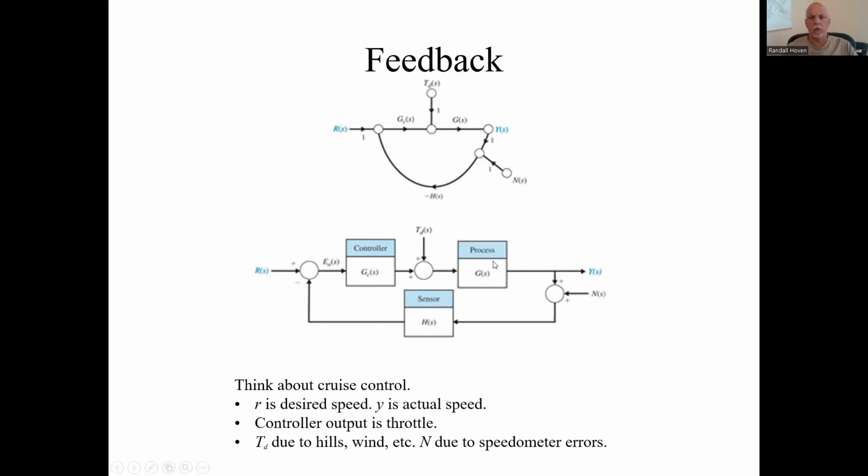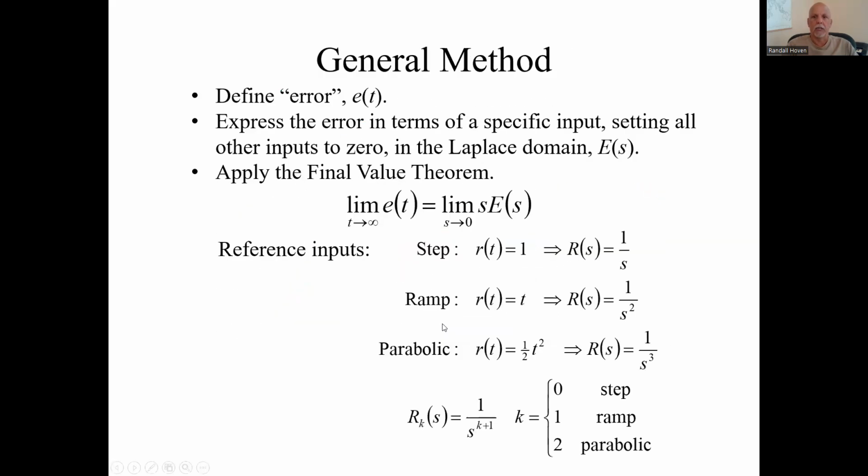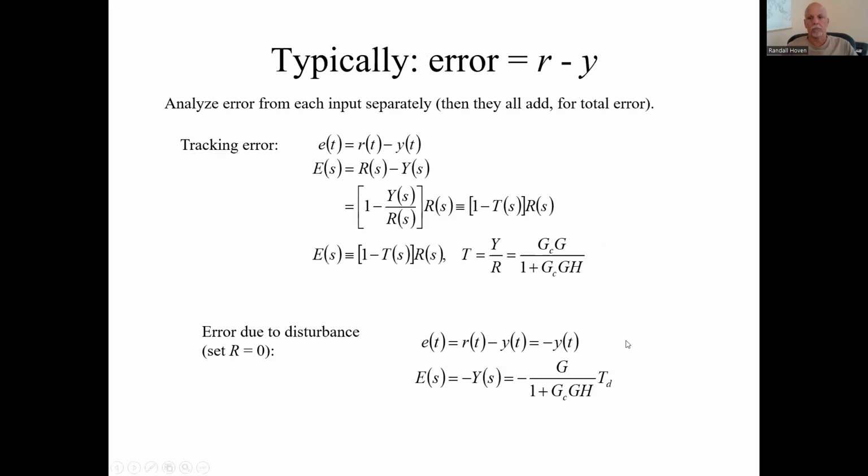So my overall transfer function from the disturbance to y is going to be this over 1 plus this G times this product. And that is this. Here's the transfer function part. And for y, you'd then have to multiply by the input, and you've got the minus.